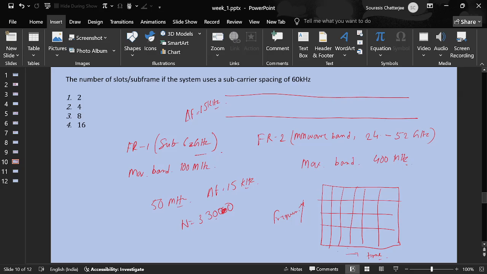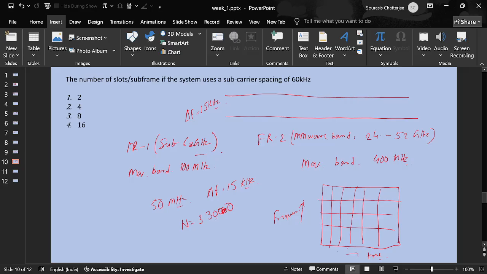There is no necessity that you have to assign every symbol to every user. It should be 275 into 14. Yep, 275 into 14. That comes out to be closer to 4000, right?